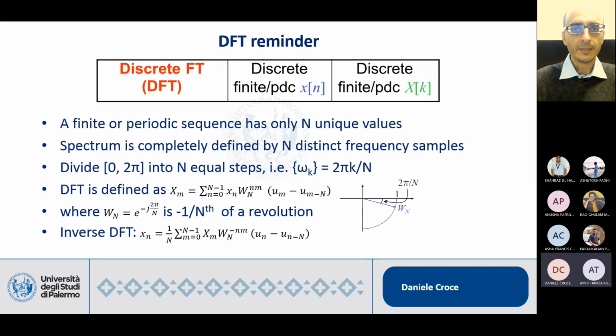Now the DFT, as I said, is a transformation from a discrete finite or periodic sequence to another discrete finite or periodic sequence. Okay?